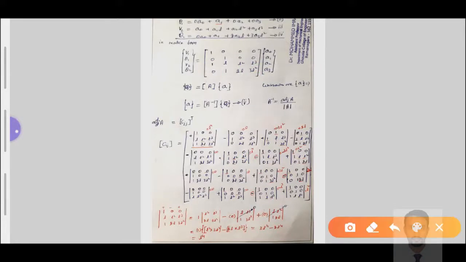Then we need to get second row third column value, eliminated: 1 0 0, 1 0 0, 1 L cube, 1 L cube, and then 0 1 3L square, 0 1 3L square. And similarly second row fourth column has been eliminated.